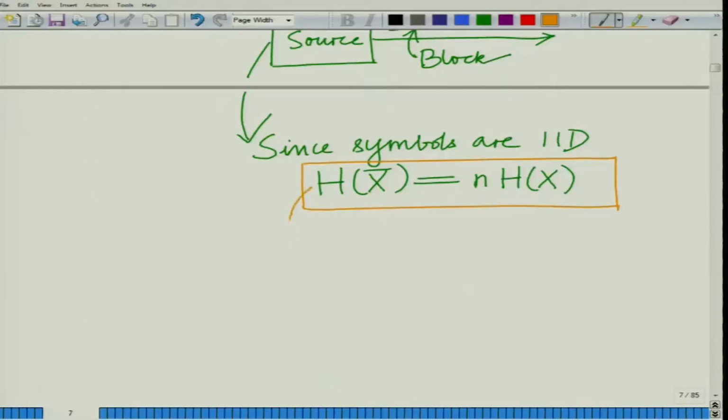The average information in a block of n symbols is n times the average information in a single symbol, since the symbols are independent. This can be rigorously proved also, and I will illustrate how. This is intuitive.